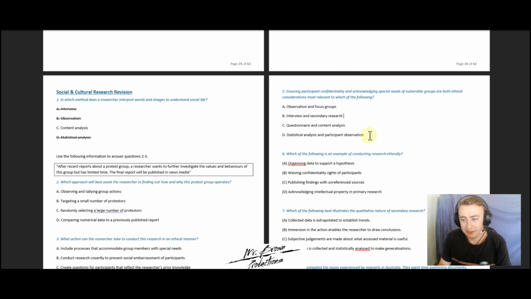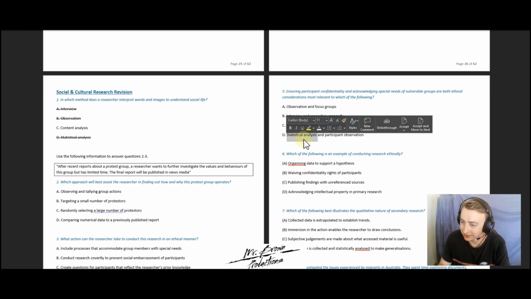Statistical analysis and participant observation. Do I need to ensure participant confidentiality and acknowledge special needs of vulnerable groups for both of these research methods? Technically, I don't acknowledge the special needs of vulnerable groups when I'm doing a statistical analysis.